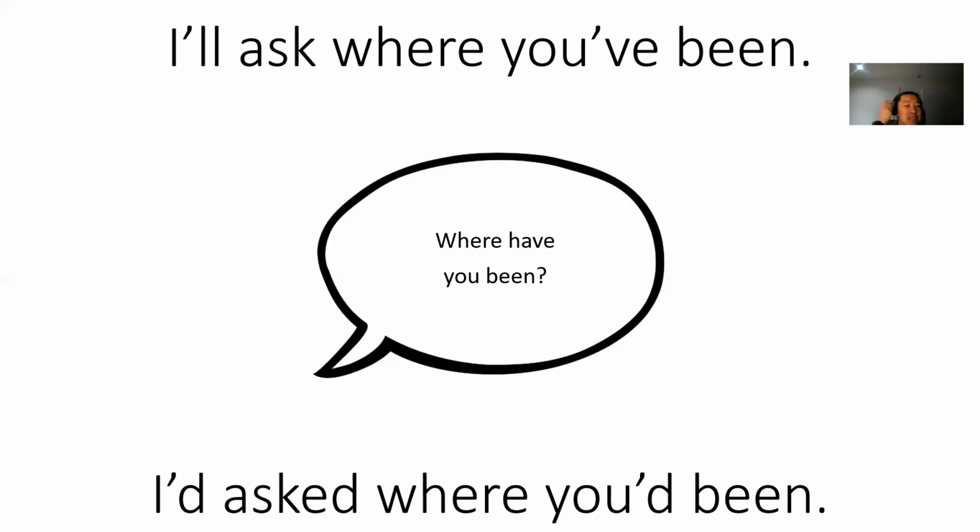So that is indirect questions for when you are explaining a question in the past tense. Now, if you're describing a question in the present tense, the choice is between present and imperfect subjunctive. If you are explaining a question in the past tense, the choice is between perfect and pluperfect subjunctive.